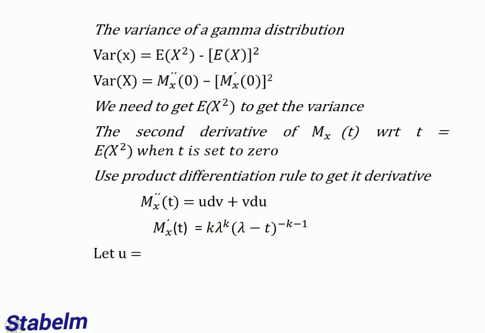We say let u equal k lambda raised to power k, this function here. Now when we differentiate k lambda raised to power k, we are going to have a 0 because we are differentiating with respect to t. Now we'll move further and say let v be equal to the other function here, k lambda raised to power k into bracket lambda minus t raised to power minus k minus 1.